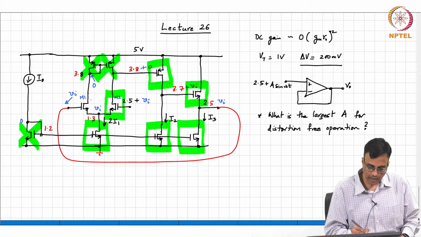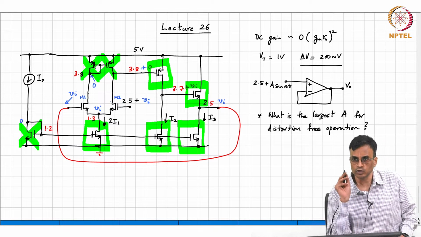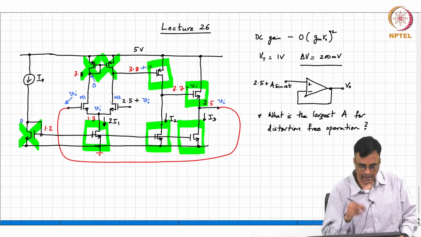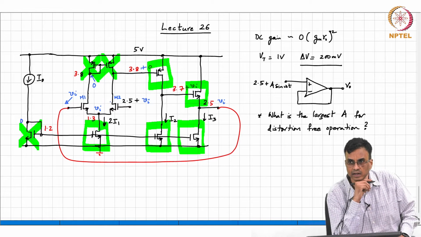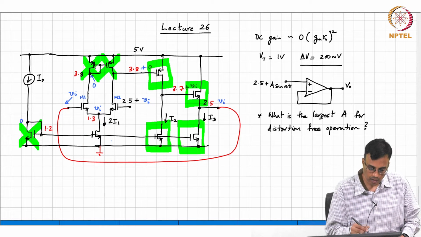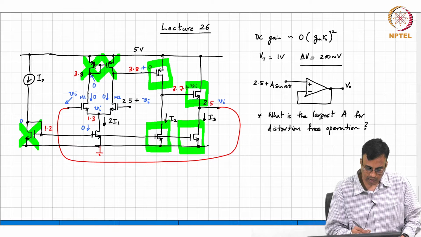So this incremental current is 0 anyway. M2's incremental current is also 0. The tail current's incremental current is 0. This incremental current is 0. This incremental current is 0.